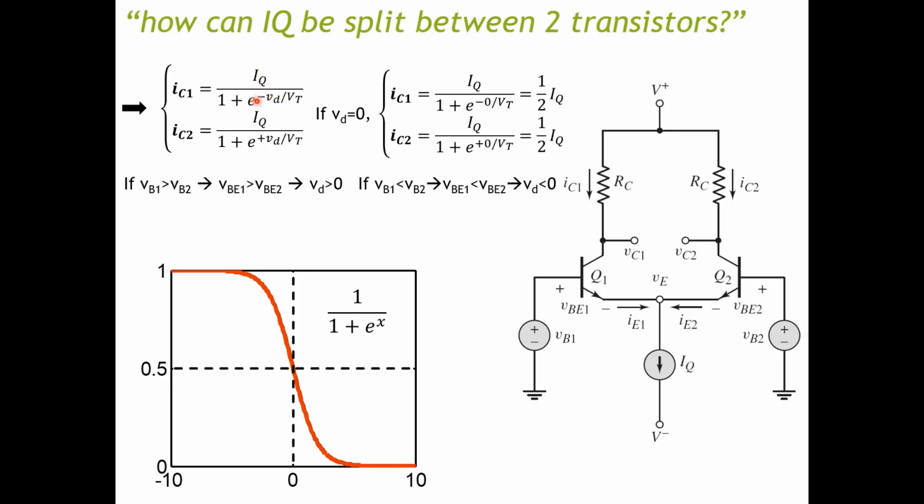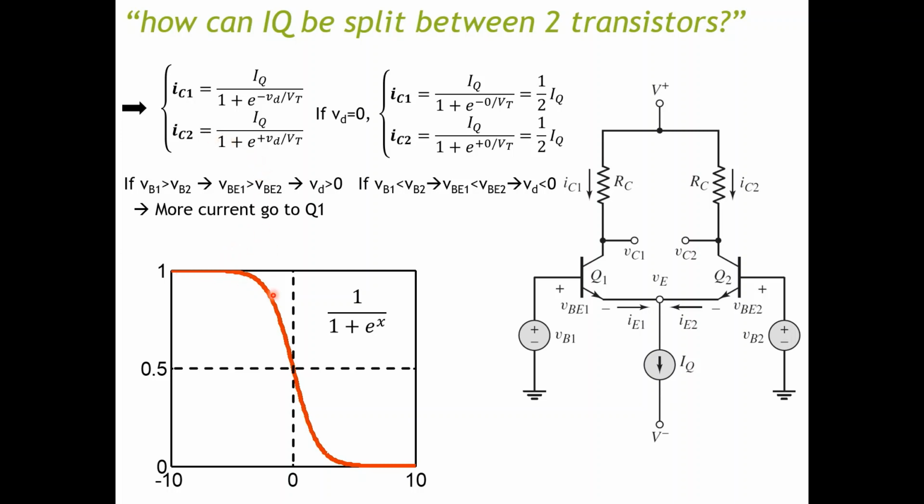So this term will be on the positive side, and you can see IC1 now will have a negative x here. So the whole term will go toward 1.